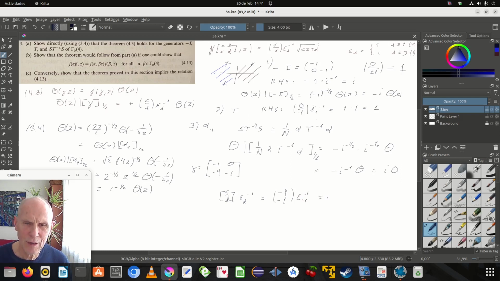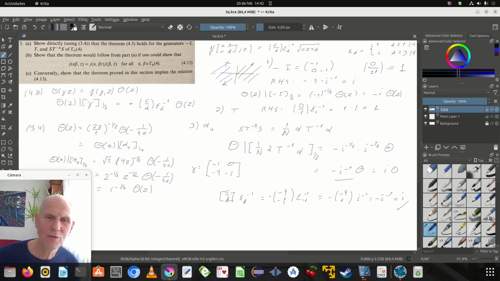This is -4 over 1. They were both negative, so that changes sides. E -1, that is I to minus first, and minus 4 over 1, that's of course 1, and then it's minus I to minus first. Oh, that was what we had here. So they agree. Lovely.